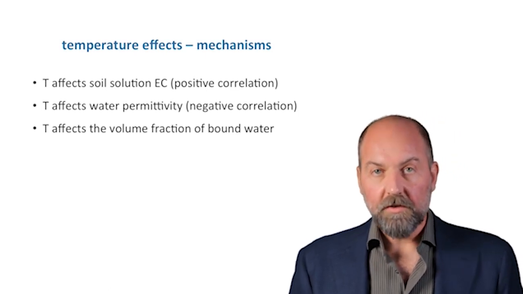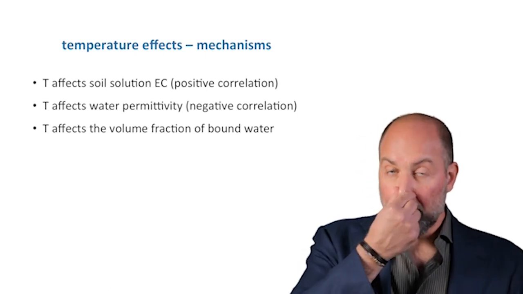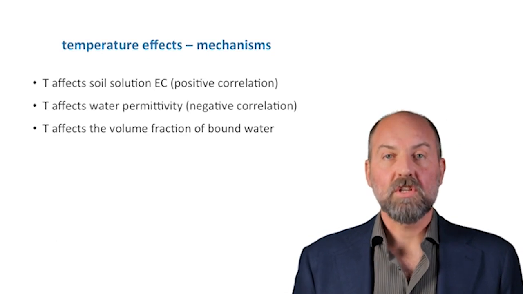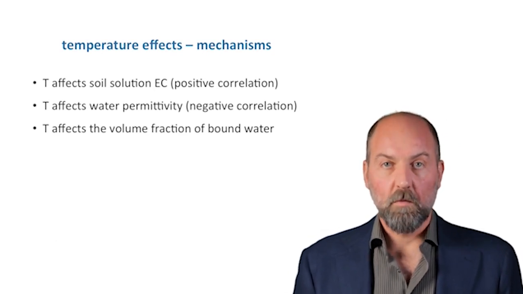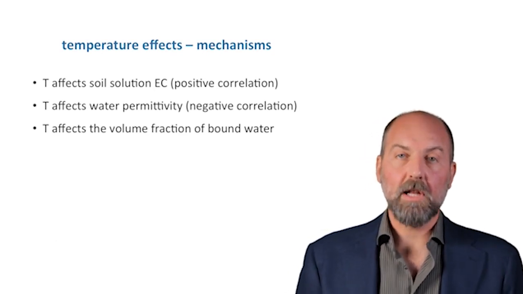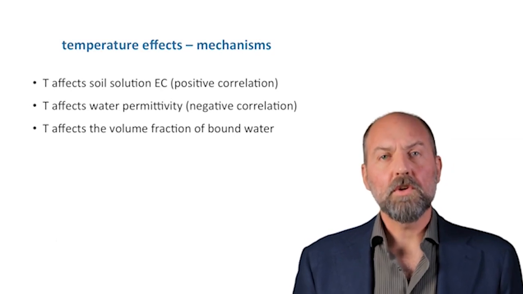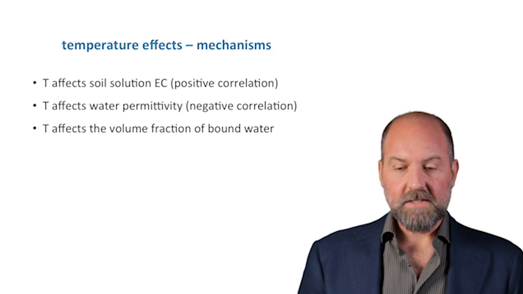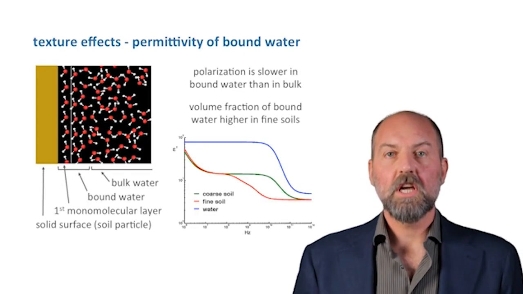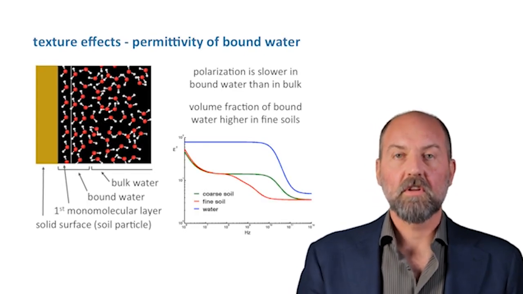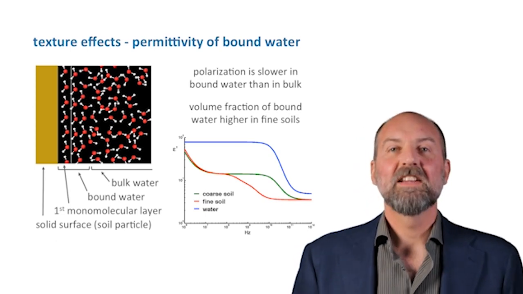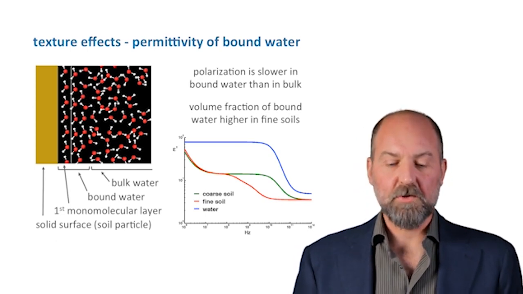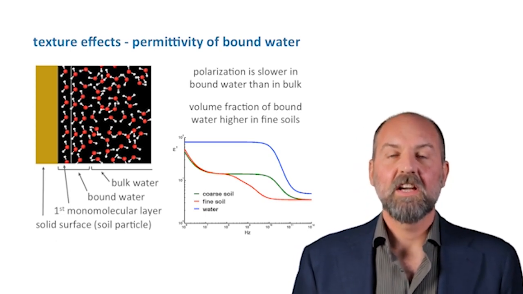But also, it is important to remember that the fraction between bound water and bulk water is also somehow affected by temperature. Now, this is better understood if we consider one more time the image showing the difference between bulk water and free water.